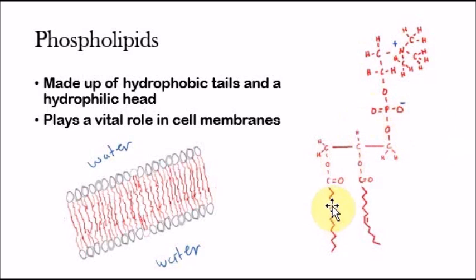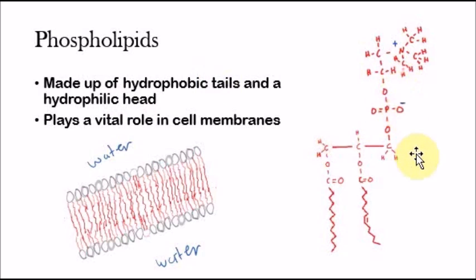Now, the fatty acid part of the phospholipid is going to be hydrophobic because it is basically nonpolar, so it's not going to mix well with water. These tails right here are going to be hydrophobic, but the head up here is going to be hydrophilic, meaning it's going to mix well with water.